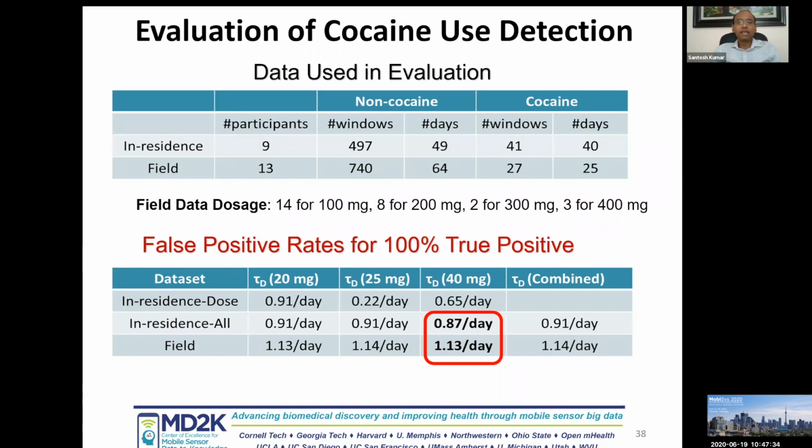And so those are the days we used for false positive analysis. And all other times when they reported cocaine use and we could verify that we had good data during those times, then we used those for recall. So for 100% recall rate, we were able to achieve about 1 false positive per day in the field setting.